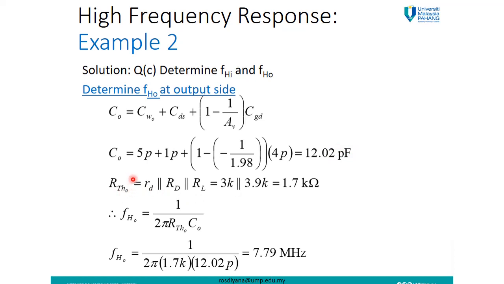And the impedance at the output, RTH out, equals RD parallel with RD and parallel with RL here. So insert all values, and you get 1.7 kilo ohms. The final equation for the frequency is fH out equals 1 over 2 pi RTH out, C out, and substitute all the values that we calculated earlier. We get 7.79 megahertz.